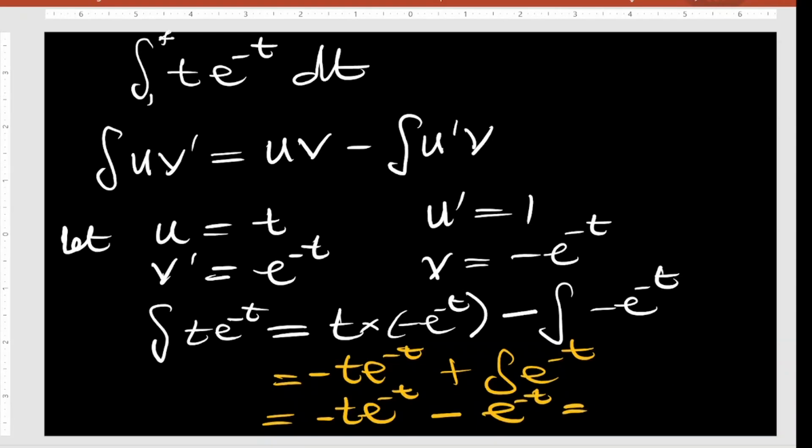We can simplify this by factorizing the e exponent negative t out, and that will be e exponent negative t in brackets. Let's take the negative e out so that we have t plus 1. We can likewise leave the negative in the bracket, but whichever way. So this is the result of integrating the second component function.